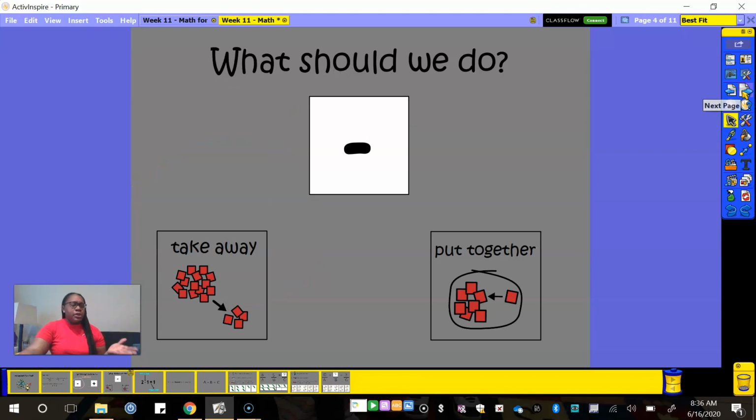And so what should we do when we subtract? What are we supposed to do? Are we going to take away or are we going to put together? What do we do when we subtract? Do we take away? Remember, take away or put together? What do we do? I can't remember. You guys have to help me.